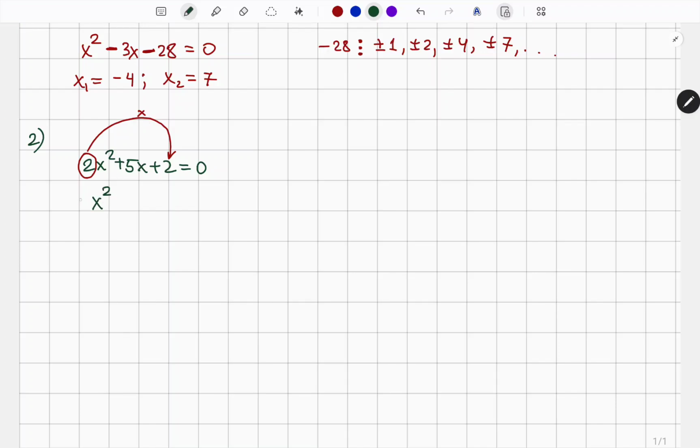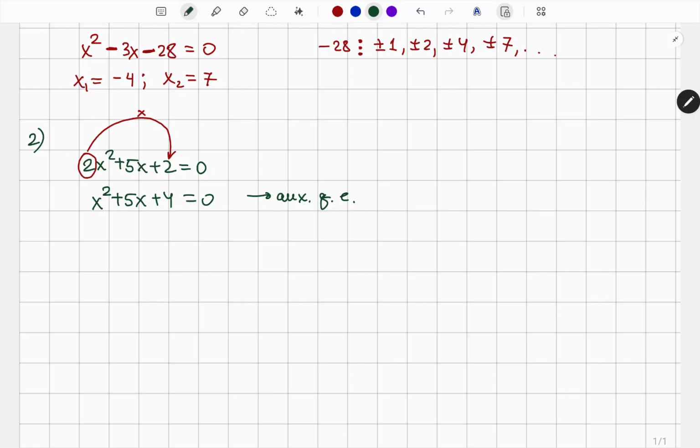So it becomes x squared, by default with coefficient 1, but we write x squared plus 5x, which remains the same, and 2 is multiplied by 2. Of course, we take into account any signs they have. So plus 4. 2 times 2 is 4, is equal to 0. And this is, let's call it, the auxiliary quadratic equation.